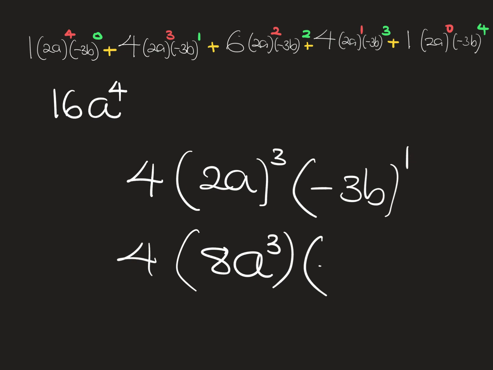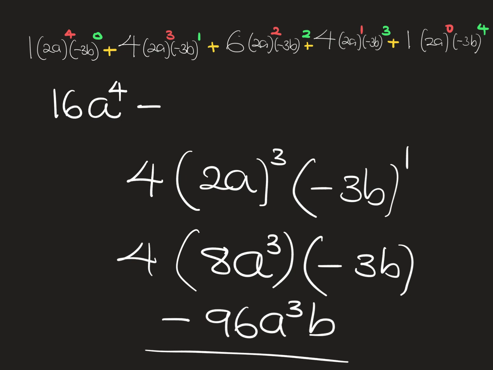If you multiply 4 by 8 by minus 3, you'll have minus 96a to the power 3b. We're going to have a negative number, so that is minus 96a to the power 3b.